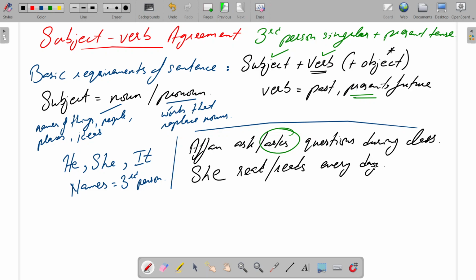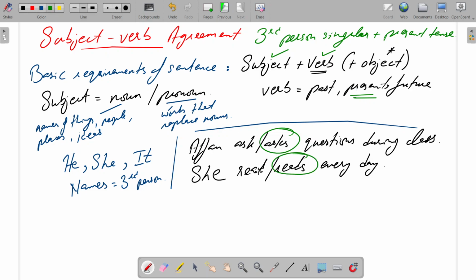She read or she reads every day. What's the correct verb to use? She reads every day, with the s or without the s at the end? With the s. Okay. Yes, that is the correct one.